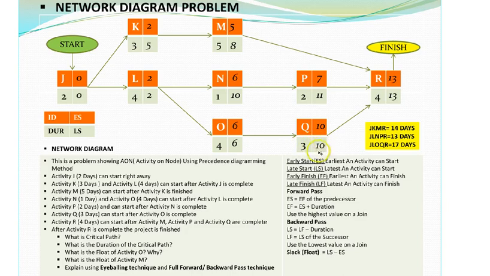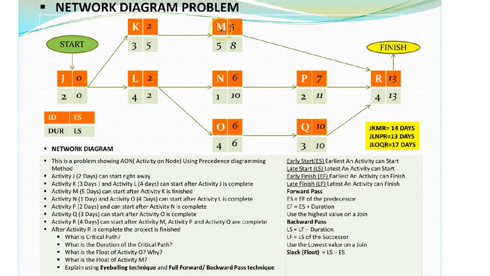So that gives us the late start for Q as 10. Now when we get to activity P, we are going to get 13 minus the duration of activity P, which is 2, and that's going to give me the late start for P as 13 minus 2, that's 11.